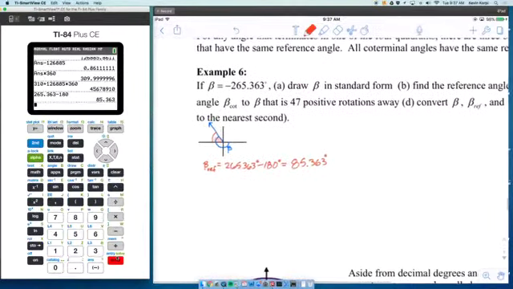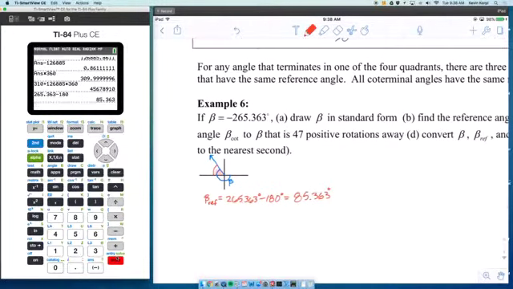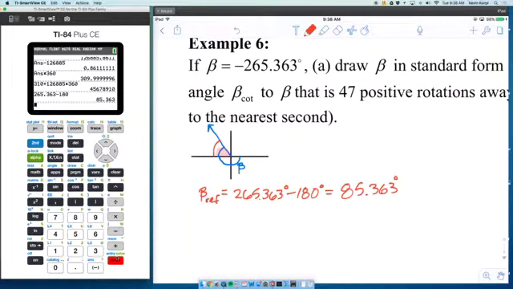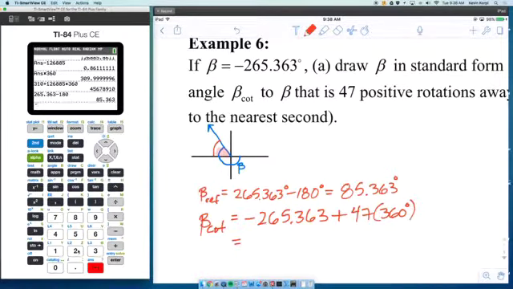Part C, find the coterminal angle that is 47 positive rotations away from beta. This is a review. B subscript coterminal. I'm going to take my angle B, which is negative 265.363. And how do I find an angle that's 47 positive rotations away? Very good. It's going to be plus 47 times 360. Again, you show me your setup, so I know exactly how you're getting your answer.